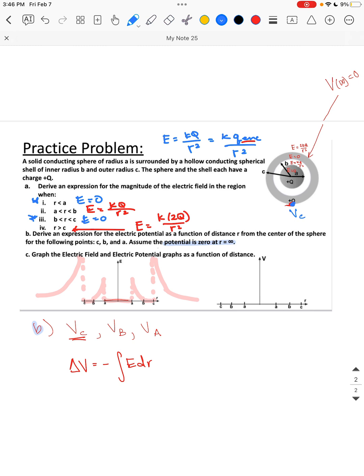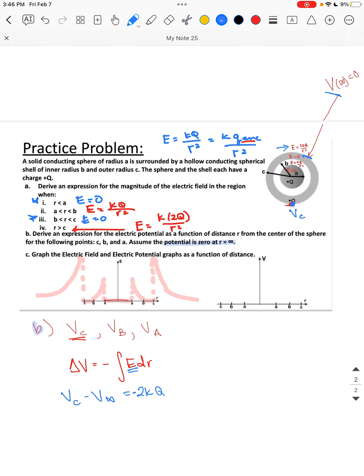And in order to find that potential, again, I start at infinity and I end at C. So the change is V final, VC, minus V initial, V infinity, is equal to the negative integral of the electric field that is in this vicinity, and that is the 2kq over r squared. So I'm going to write it like this. 2kq is a constant.